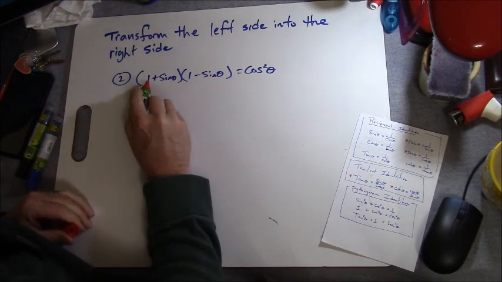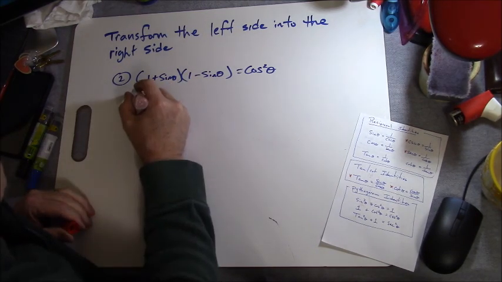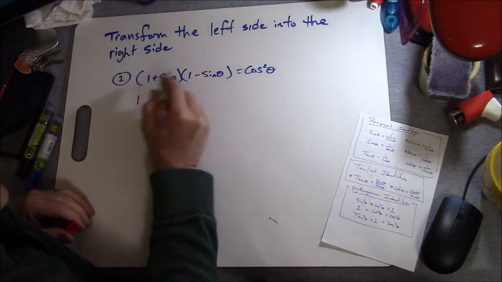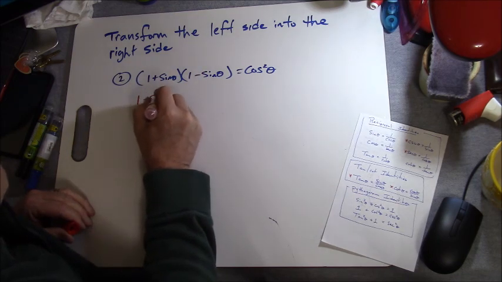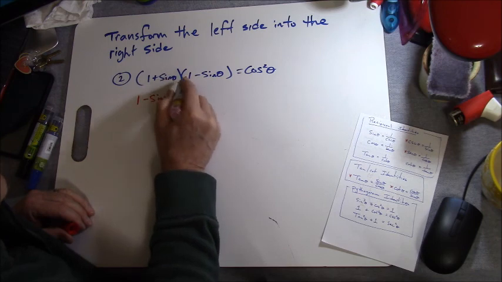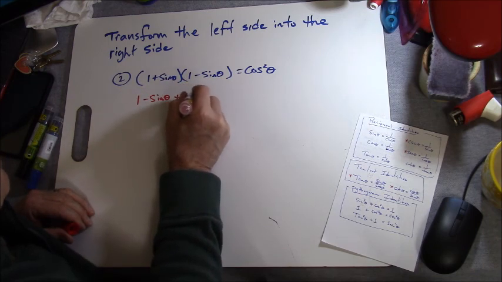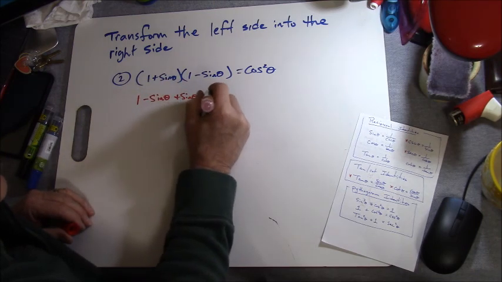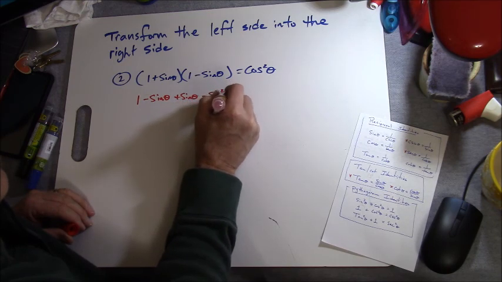Okay? So if I FOIL this, I'm going to get 1 minus a sine theta and then plus a sine theta, and then minus sine squared theta.